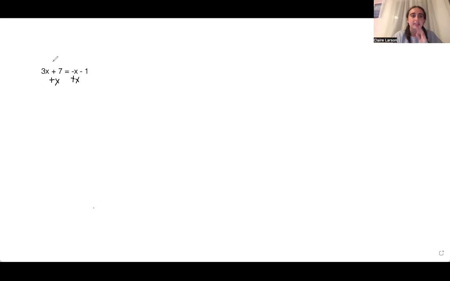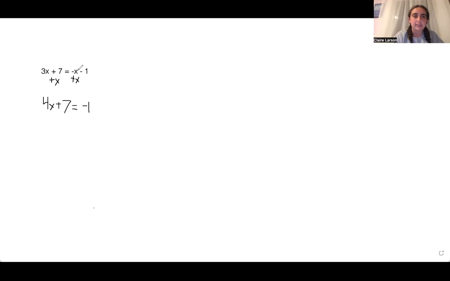And if we add x to this side, we're going to combine like terms. See? So we're going to combine 3x and x, basically 3x and 1x is how I like to think about it. So that makes 4x plus 7 equals -1, because this says -1.